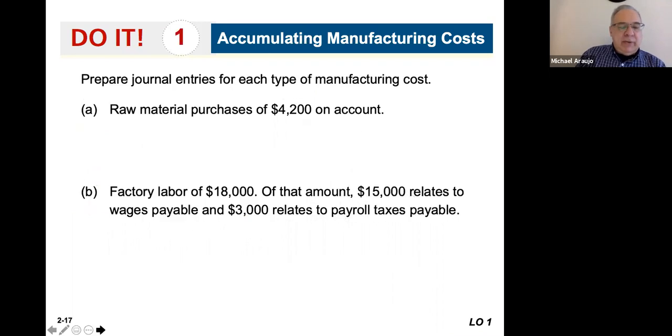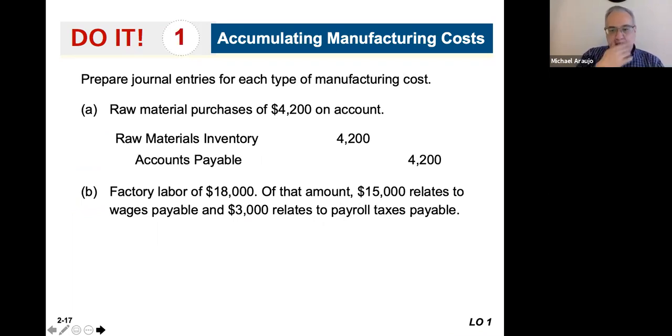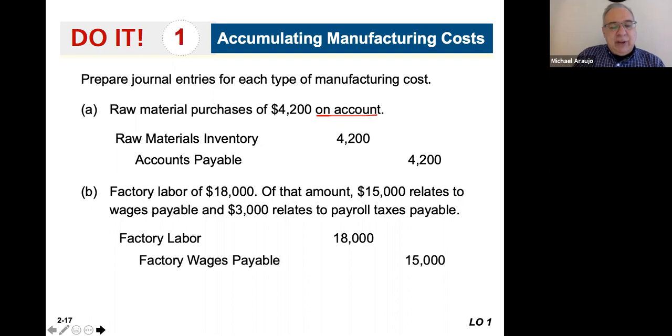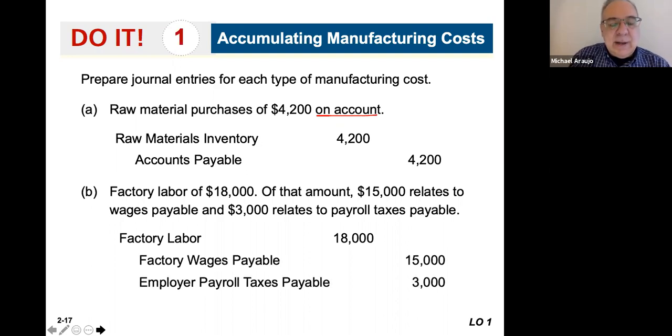Raw materials: the raw materials inventory account is going to be debited for $4,200, and accounts payable is credited because they purchased these on account. You're going to have to pay for that later. Factory labor is going to be debited by the $18,000 full amount, of which $15,000 is wages payable, and the other $3,000 is their payroll tax payable.